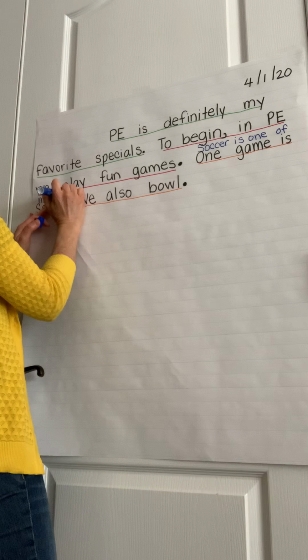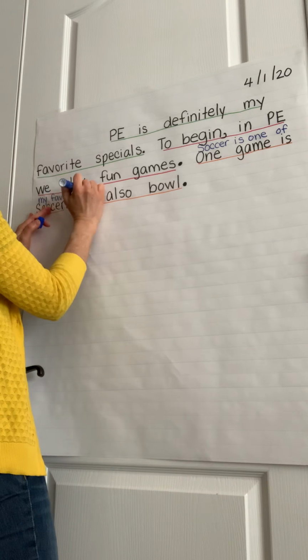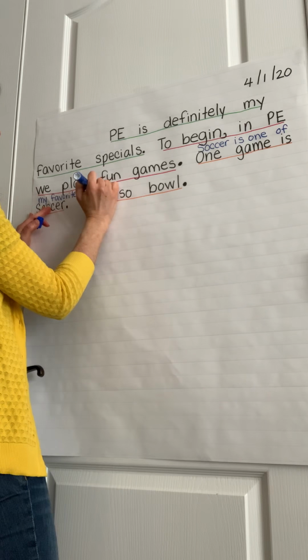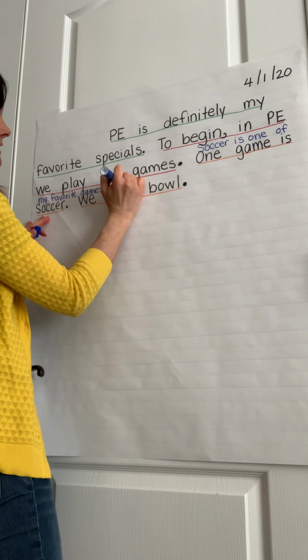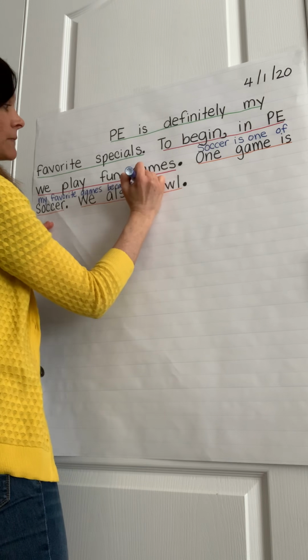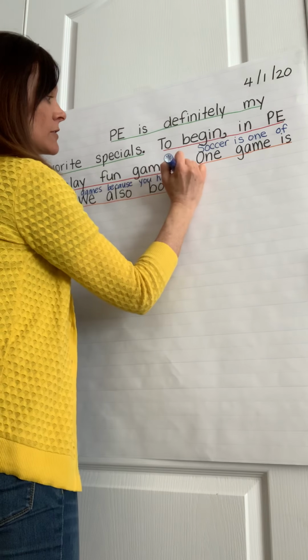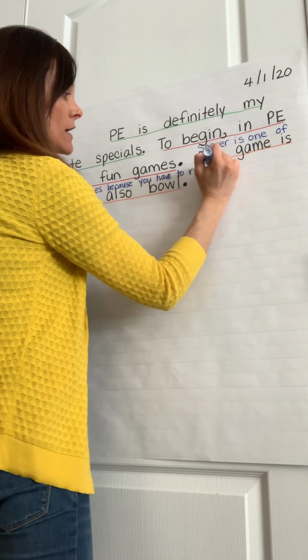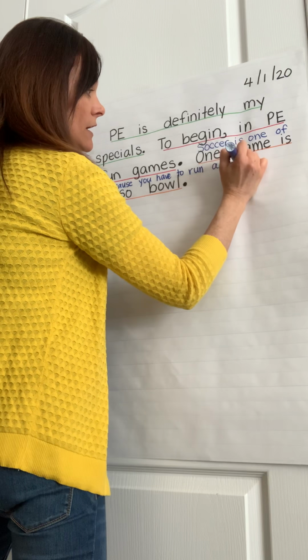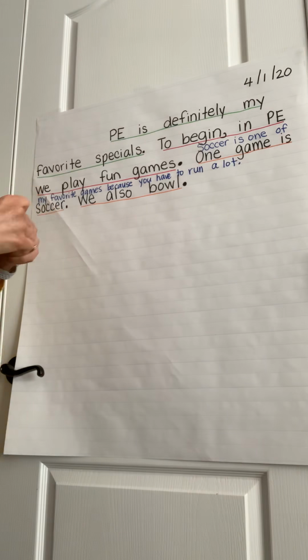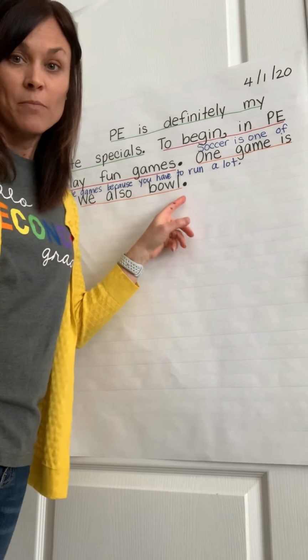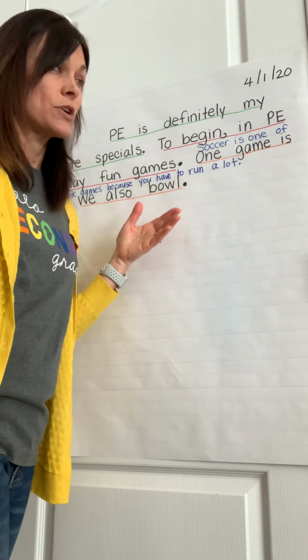Soccer is one of my favorite games. I'm going to give more detail because you have to run a lot. Okay, so I just made it longer by adding in more description and more examples.